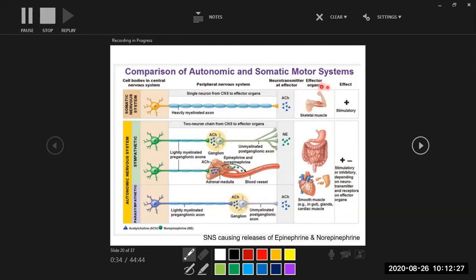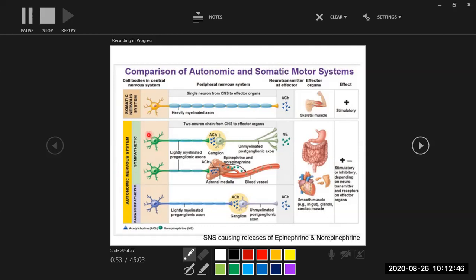We learned this one already. This one is new today. The other branch is the autonomic nervous system. The autonomic nervous system also acts on muscle. Here we act on the cardiomyocytes or the smooth muscle.